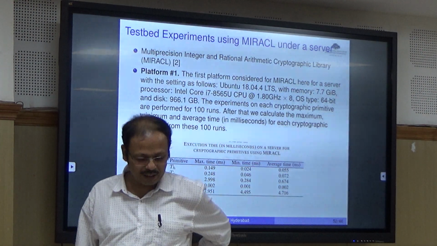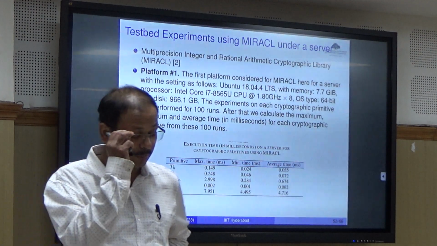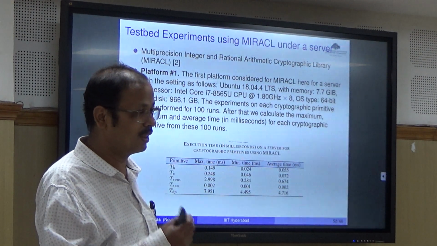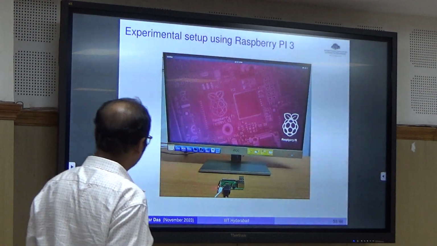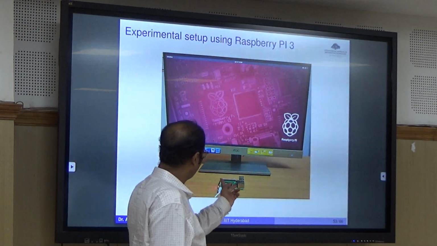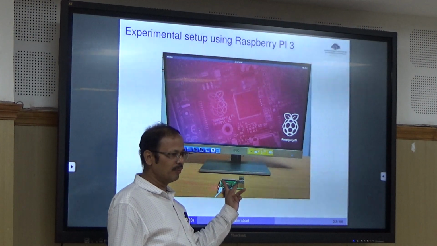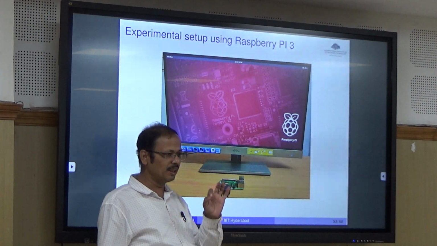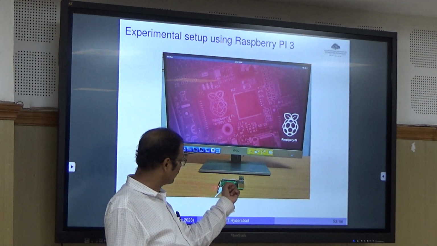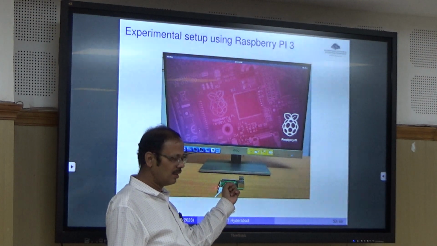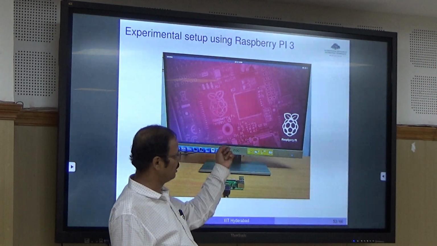Now for the testbed experiment, we have taken the Raspberry Pi, because that is a resource-constrained CPU. On the Raspberry Pi, we implemented each and every primitive, and the primitive code has been inserted in the memory, and then the Raspberry Pi is connected to a terminal.